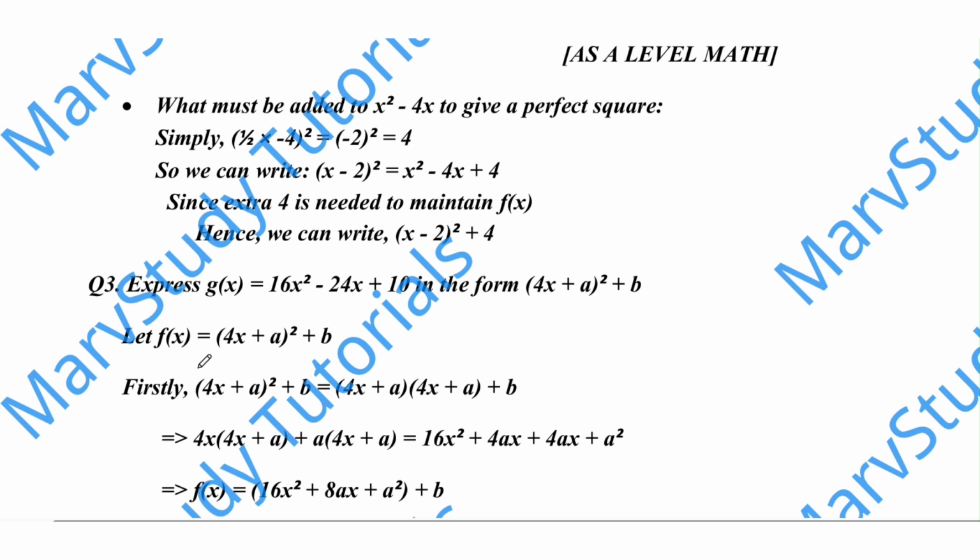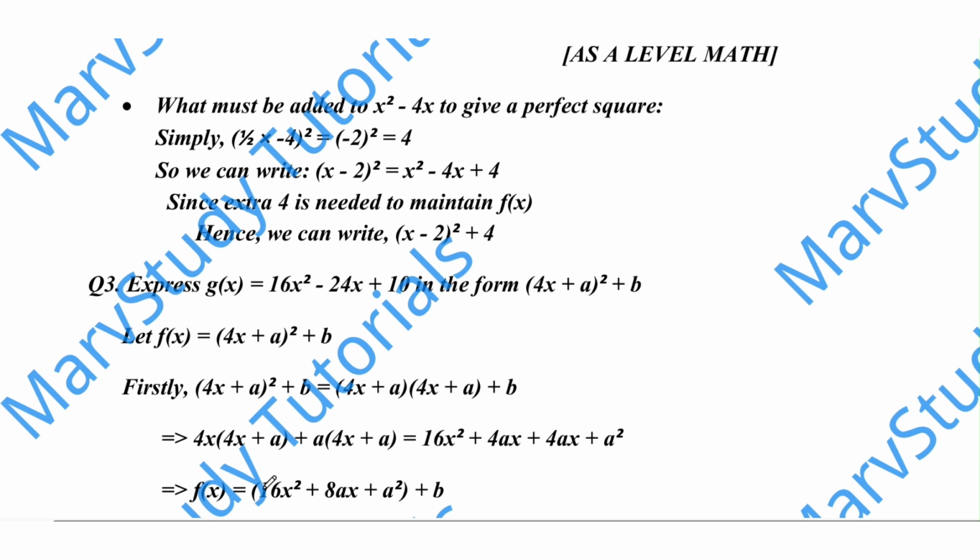First of all, we'll handle this portion, (4x plus a) all squared, which is equivalent to (4x plus a) times (4x plus a). So if you take this 4x and multiply by this entire expression, 4x plus a, plus a times this entire expression, 4x plus a. 4x times 4x is going to give us 16x squared. 4x times a is going to give us 4ax, and 4x times a is going to give us 4ax, and a times a is going to give us a positive a squared.